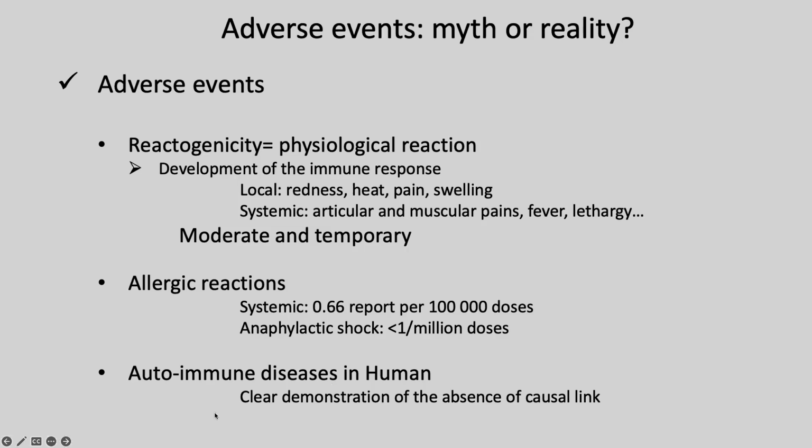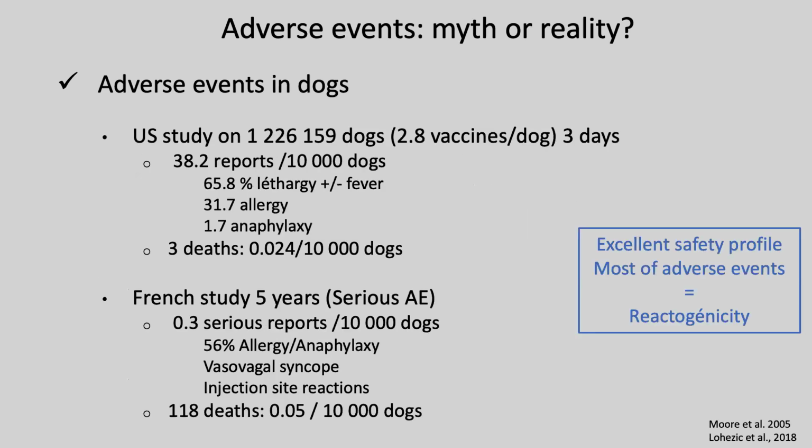If we look in the literature, and there have been so many studies now, we can see that there is a clear demonstration of the absence of causal link between vaccinations and development of autoimmune diseases in humans. So in humans, we know that the safety profile of vaccine is excellent. But now the question is, in dogs, what do we have? Do we have data? What kind of data do we have?